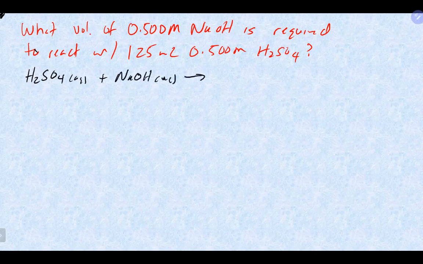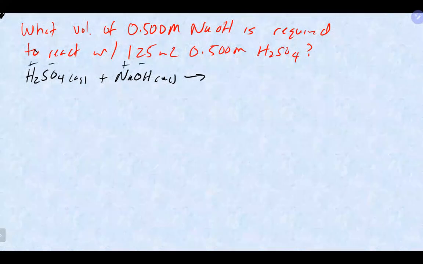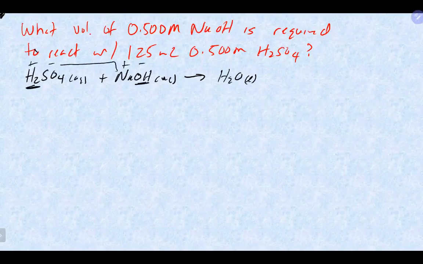Once again, this is a double displacement reaction where we definitely form water. That comes from these two, which means the salt part comes from putting together our other two: a sodium with a +1 charge and a sulfate with a -2 charge, which gives us Na2SO4 as the proper formula.